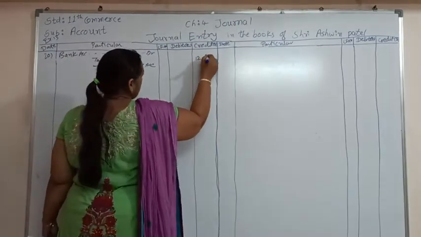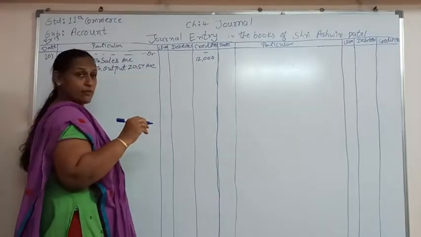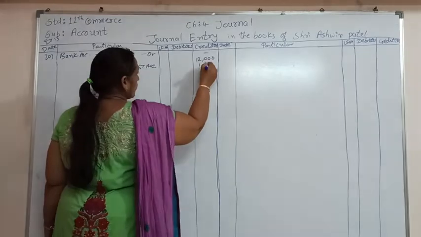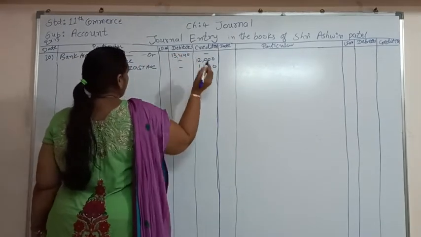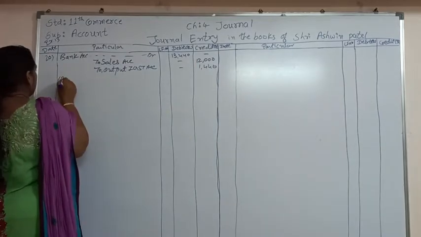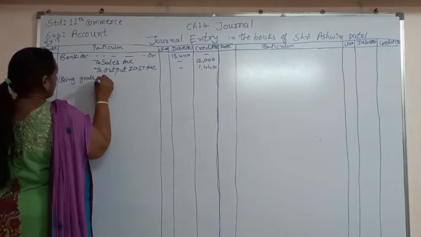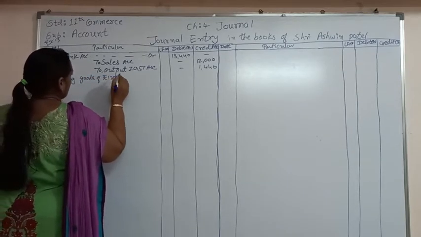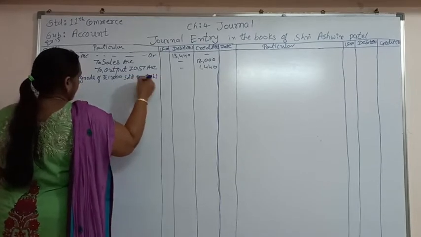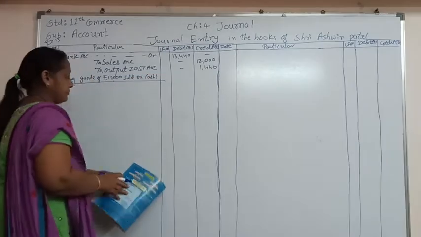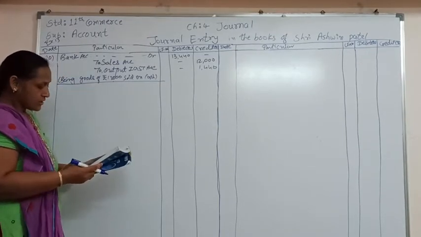So here sales account 12,000 and IGST will be at 12%, so that will be 1440 and the total of this will be 13,440. Being goods of rupees 12,000 sold on cash. So now let's see the next transaction, that is of date 22.